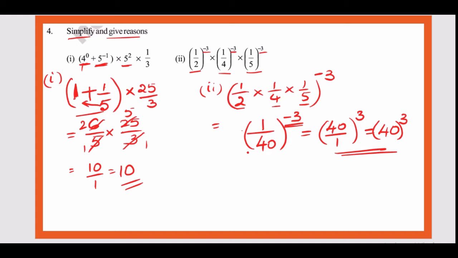So here what we did: a into b into c whole power m. Since the bases are different and the exponents are the same, we can apply that particular law. After that, we applied the a power minus n formula. Based on that we got 40 power 3.